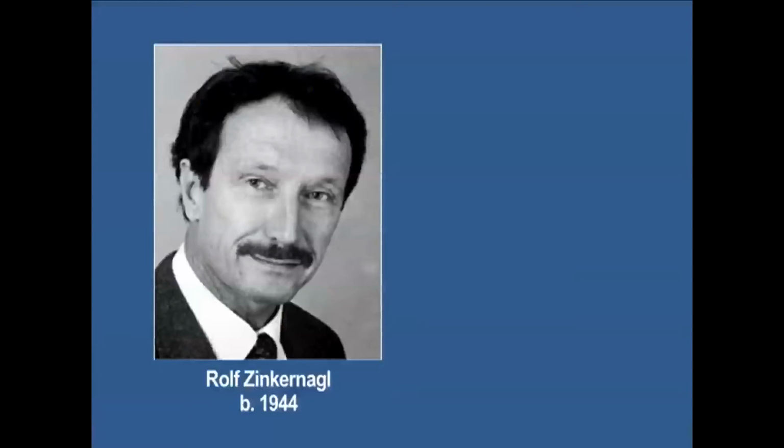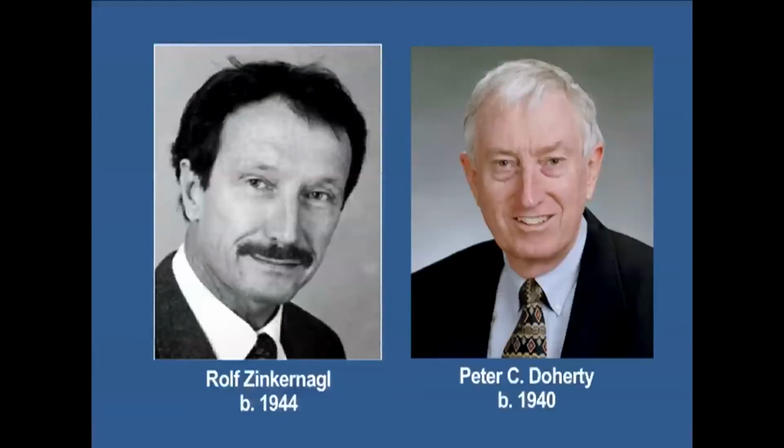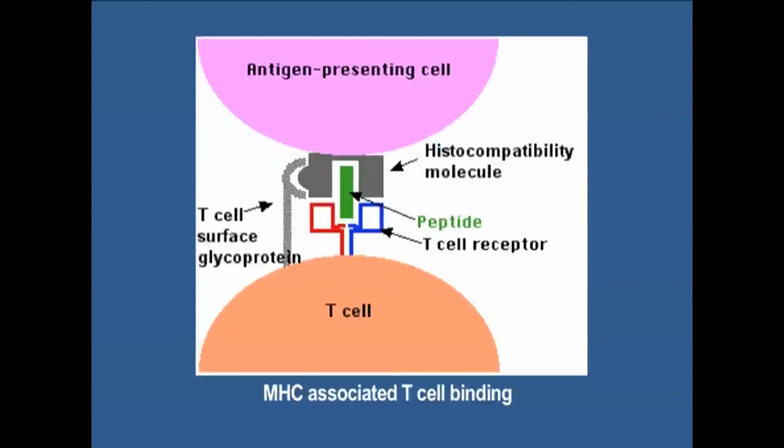Now these two gentlemen in the year 1974, namely Rolf Zinkernagel and Peter Doherty, discovered a unique phenomenon where they showed that there is some MHC or major histocompatibility complex associated T cell or specific T cell binding of MHC.